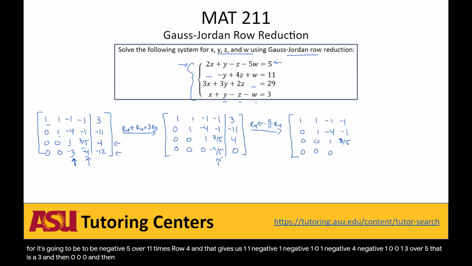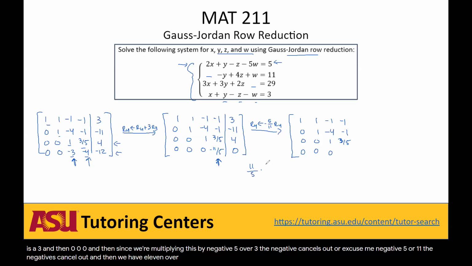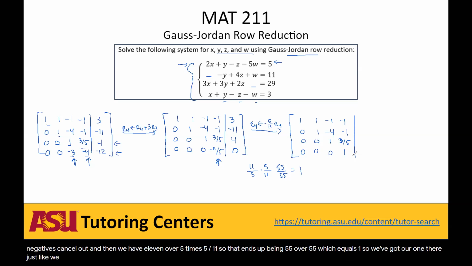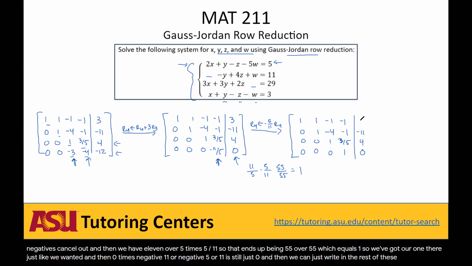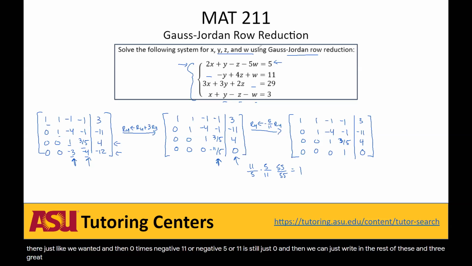And then since we're multiplying this by negative 5 over 11, the negatives cancel out, and then we have 11 over 5 times 5 over 11. So that ends up being 55 over 55, which equals 1. So we got our 1 there, just like we wanted. And then 0 times negative 5 over 11 is still just 0. And then we can just write in the rest of these. And 3. Great.